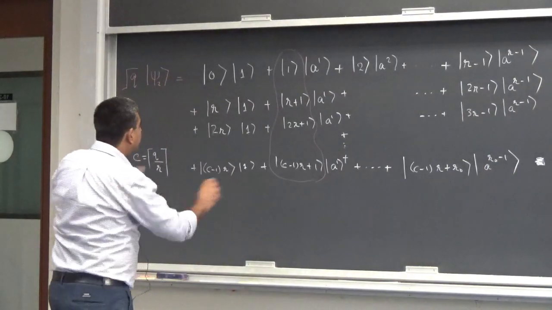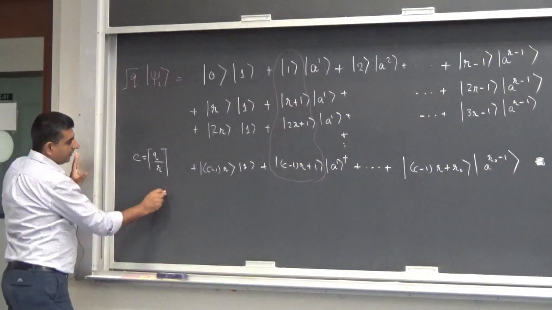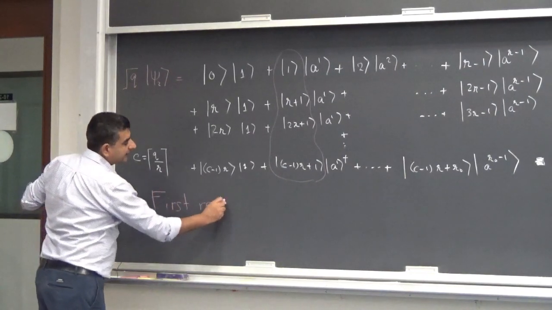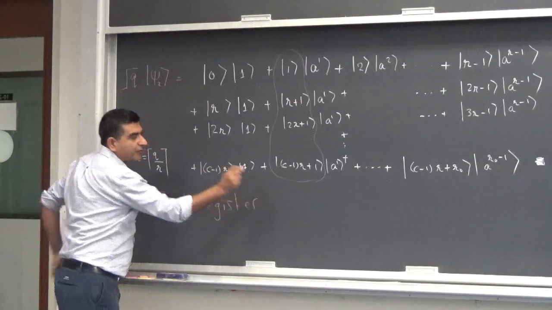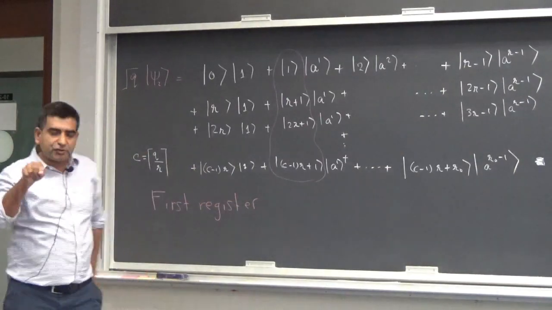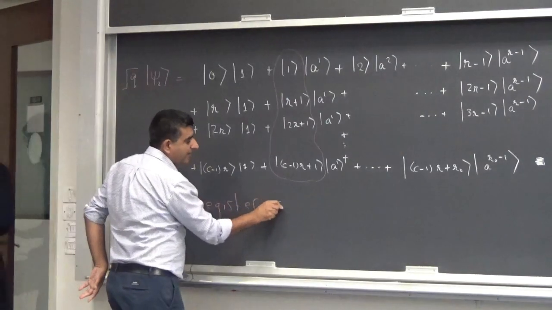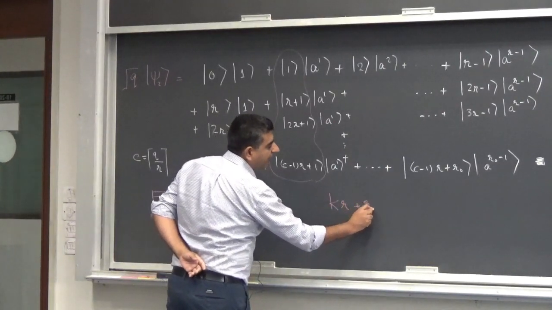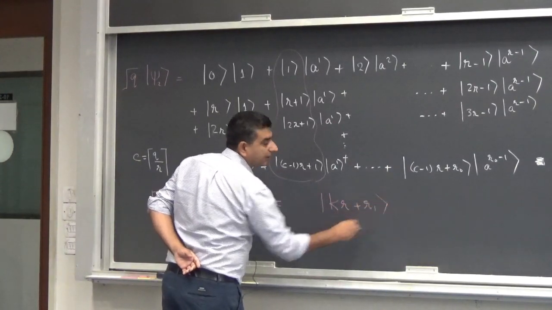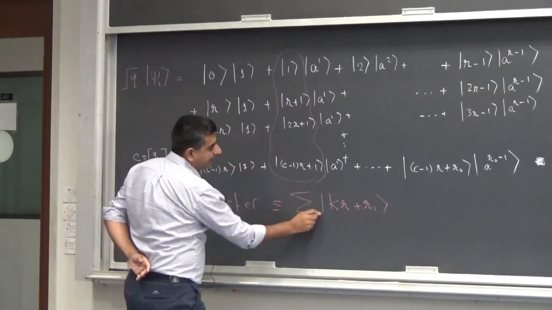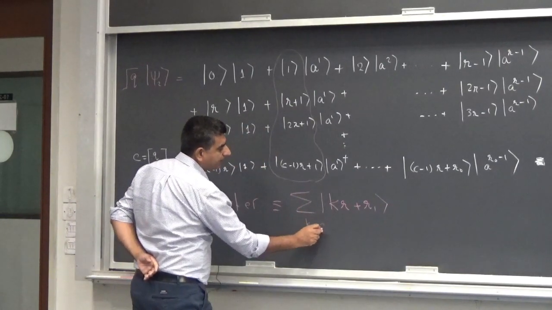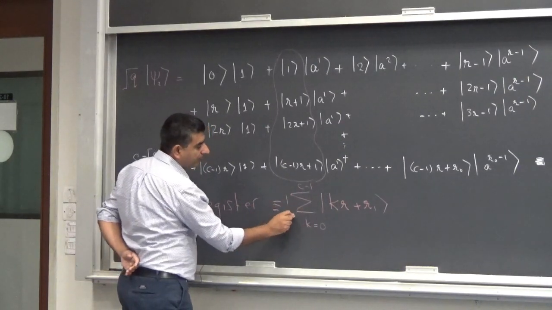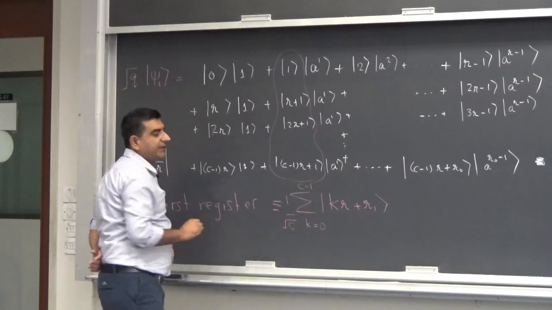So if I just look at the first register, I'm not going to focus on the second register any longer because I'm not going to do anything with it. The state of the first register is a superposition of kr plus r1, where this k goes from 0 to c minus 1. And I need to normalize, so I put square root c as well.